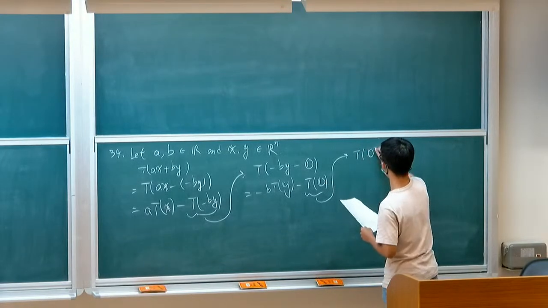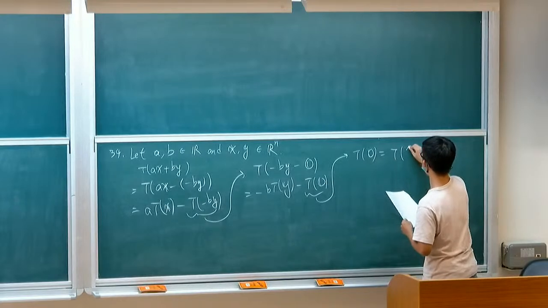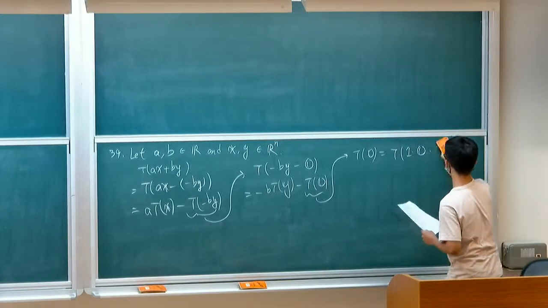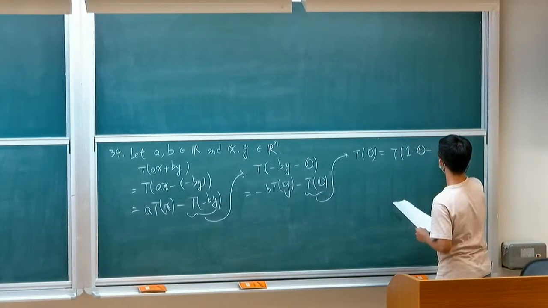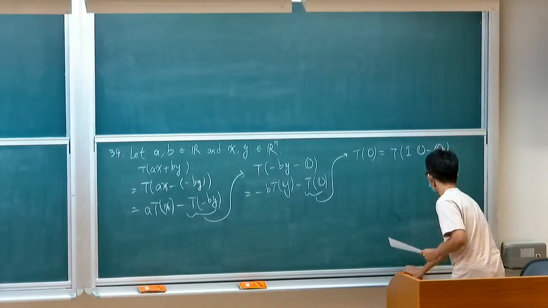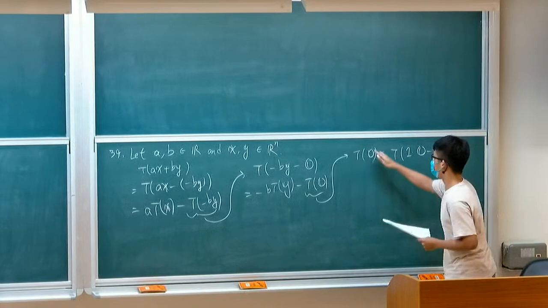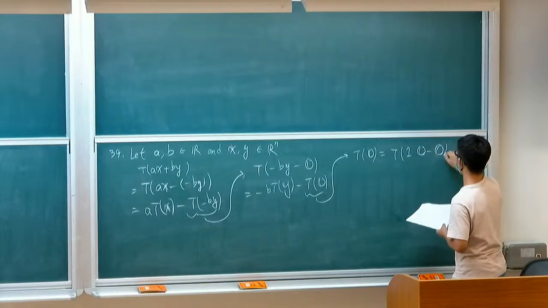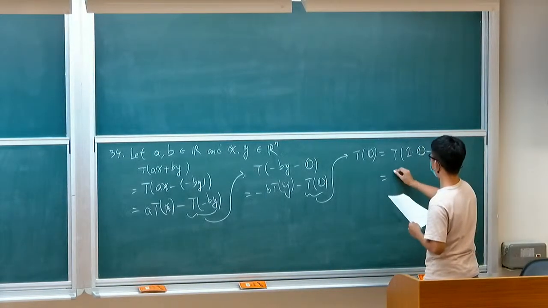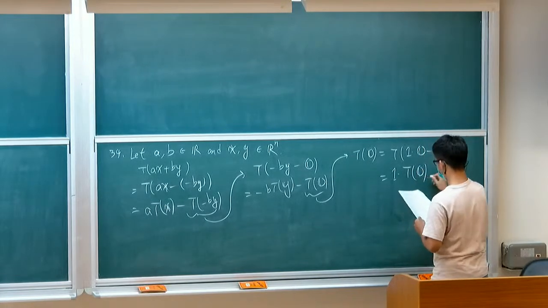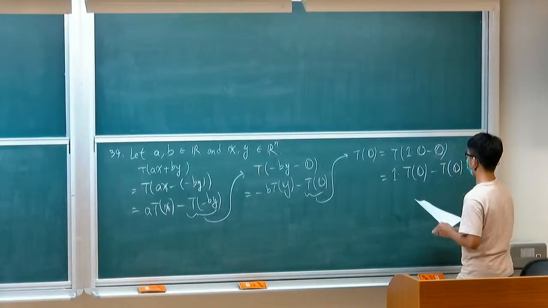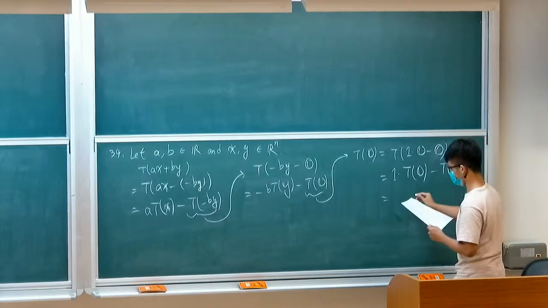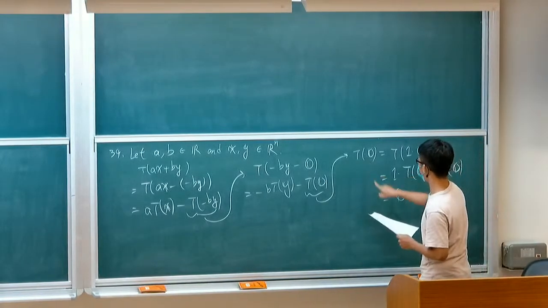We rewrite T of 0 as this. It's obvious that a zero vector equals 1 multiplied by the zero vector minus the zero vector. So this gives us... and since these two terms are the same, we have T of the zero vector is 0.